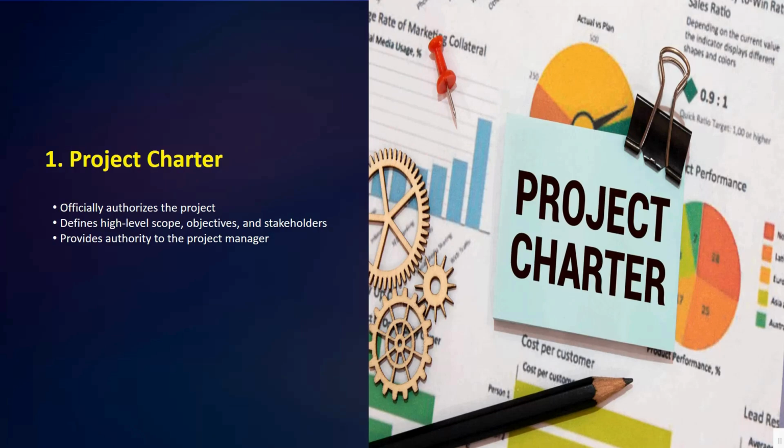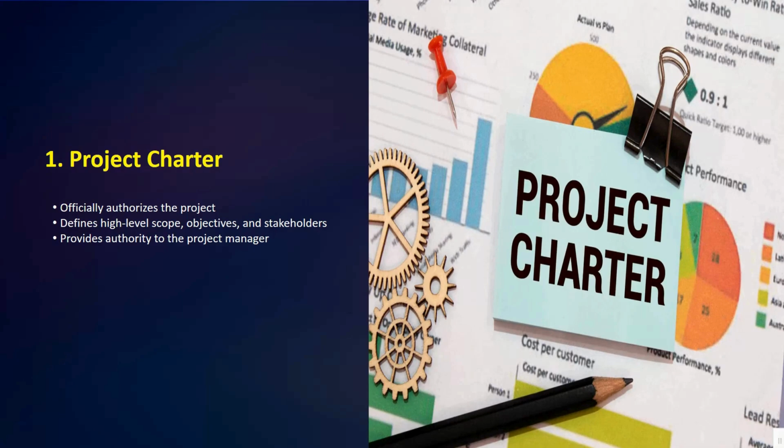Number one, we have here the project charter. You can see here it officially authorizes the project, defines high level scope, objectives, and stakeholders, and provides authority to the project manager. So the first document is the project charter. This is the document that gives life to the project.